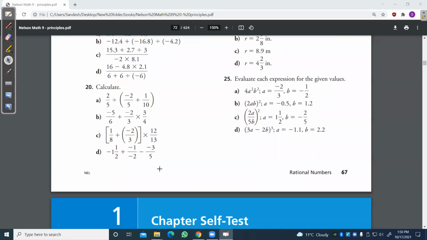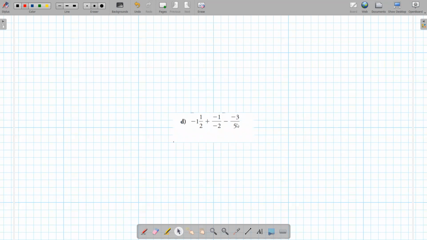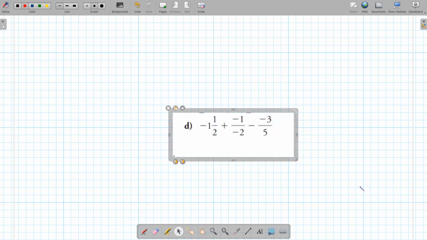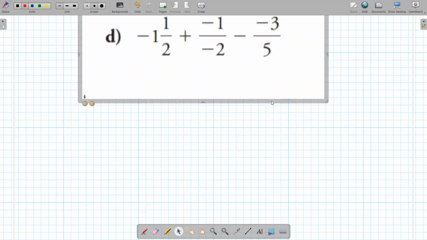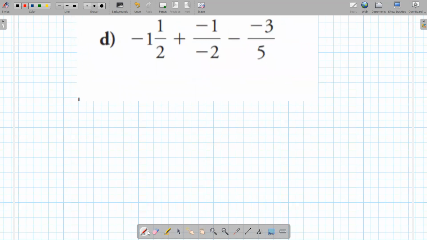Let's try doing D. What's the first step here? Could you find the common denominator for all three of them at the same time? Yes, you can. So let's change this one into a proper fraction and then we'll do that.